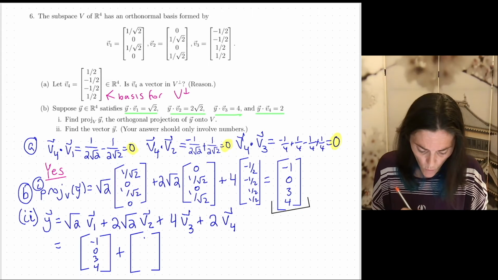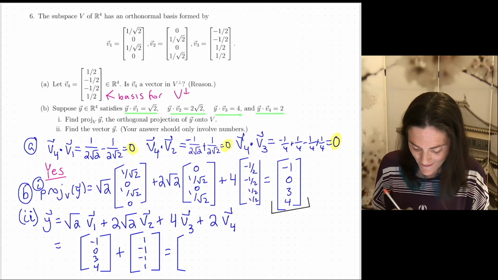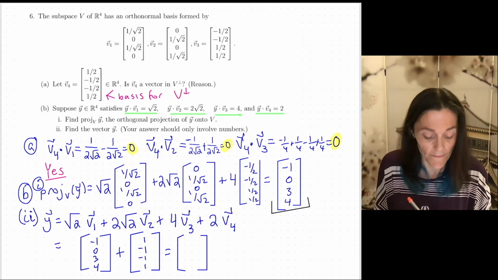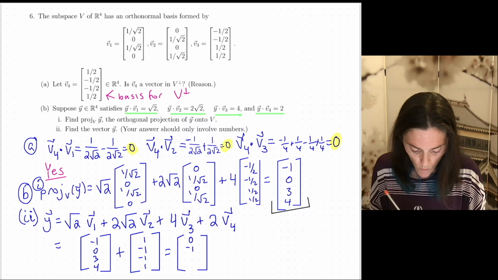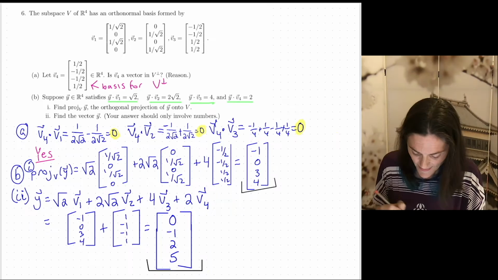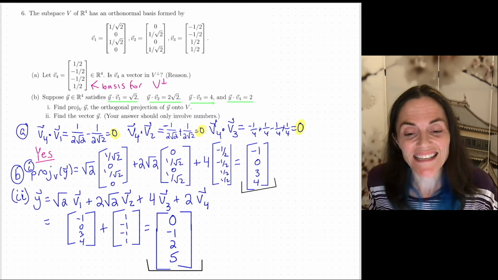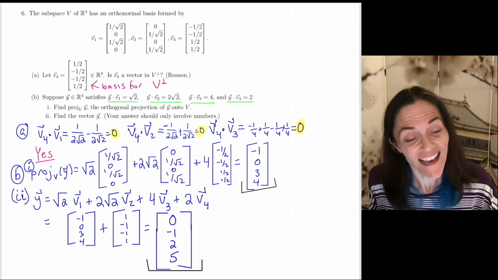Well, it's just 1, -1, -1, and 1. So this is vector y. We get 0, -1, 2, and 5. It's kind of small. There, it's written a little nicer. This is our answer to 6BII.